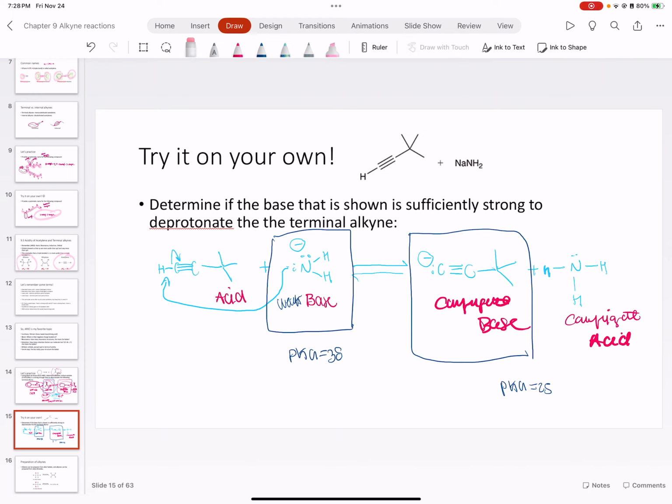So thinking of pKa values, this one is a stronger acid.